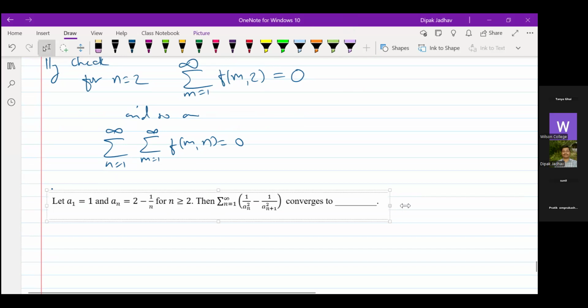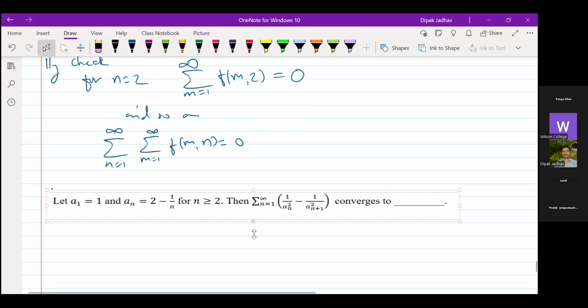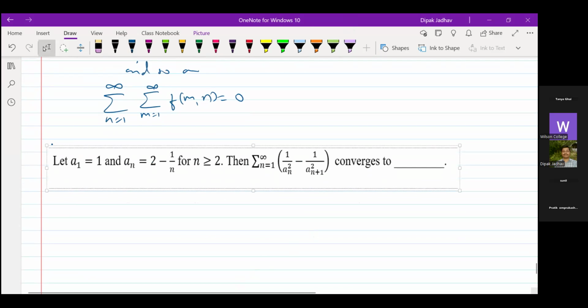This sum. All of you try this. Let's compute, apply the definition.